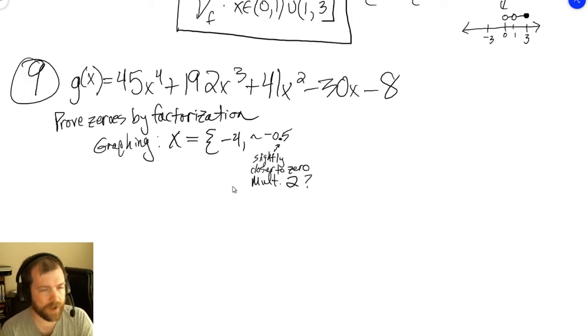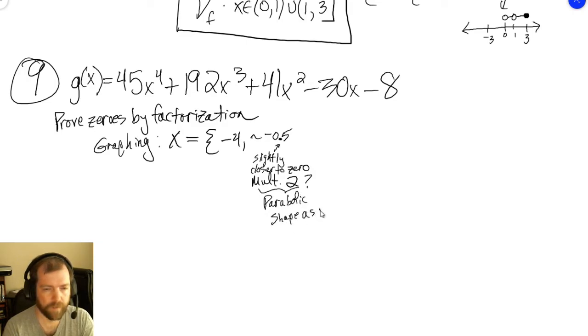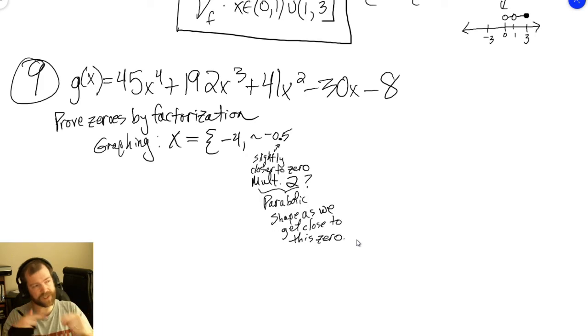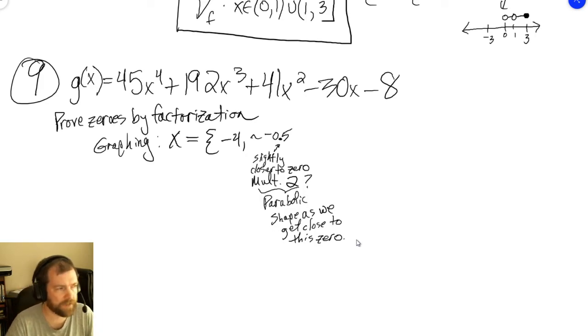All right, now how do I tell that? Well, this thing has a parabolic shape as it gets close to x equals -0.5 or whatever it is.